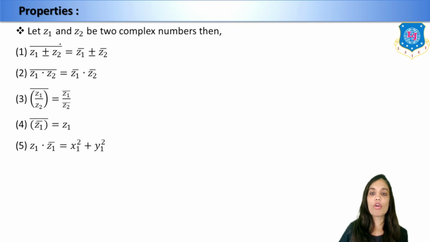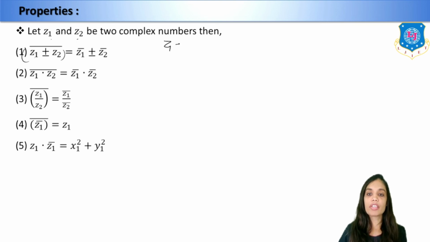Now if we have two complex numbers z1 and z2, then the first property is that the conjugate of z1 plus or minus z2 equals the conjugate of z1 plus or minus the conjugate of z2. Let me explain this property.